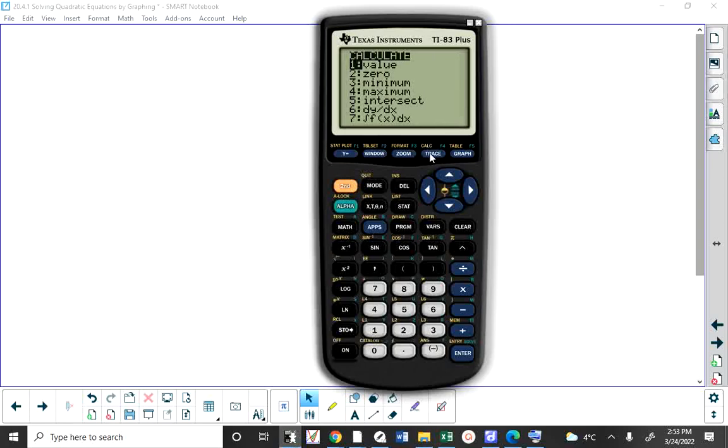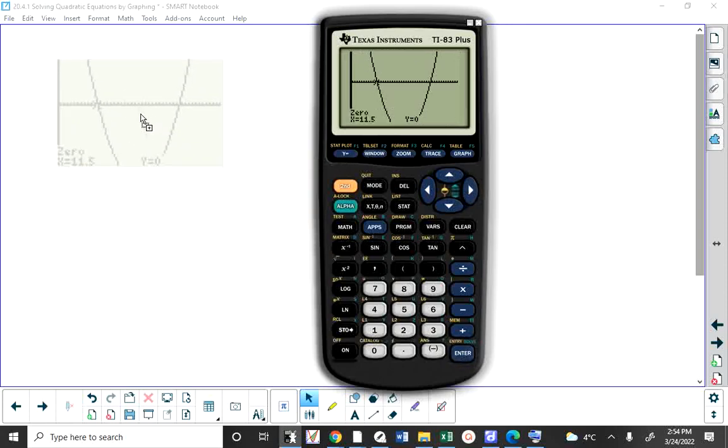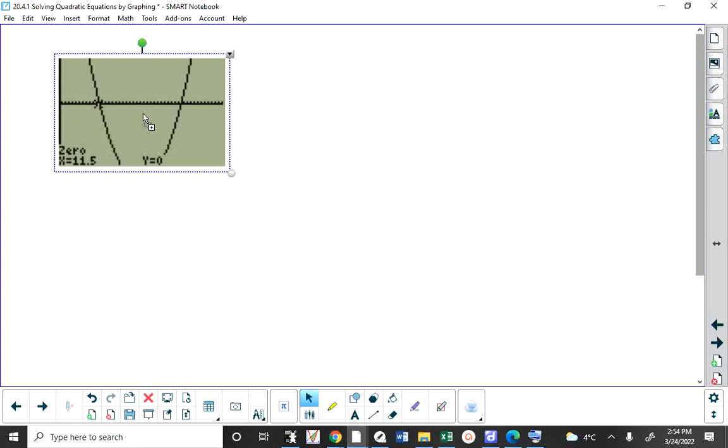Calculate, zero. Enter. That's the left. Go to the right. Enter. Enter. So one of the x-intercepts is 11.5.